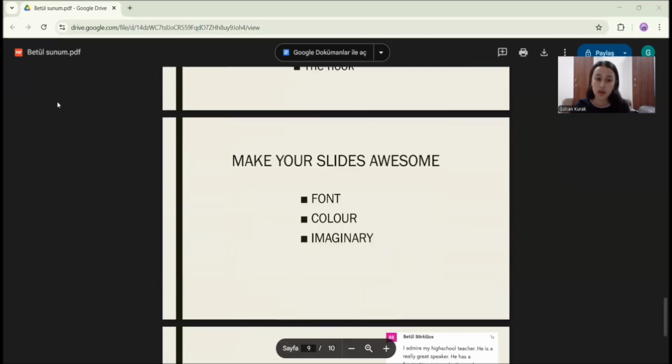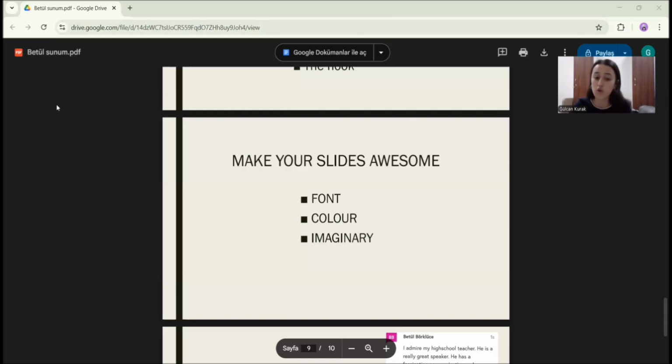And also, we are going to the next slide. Make your slide awesome. In here, you need to pay attention to some rules for a presentation. For example, your font should be right for the background, and your color is also an important one because it changes everything.